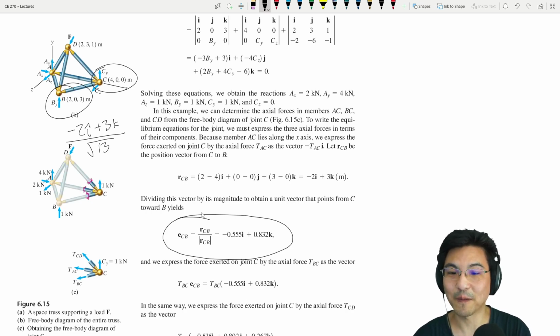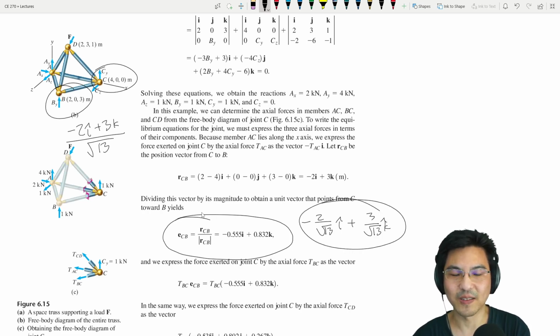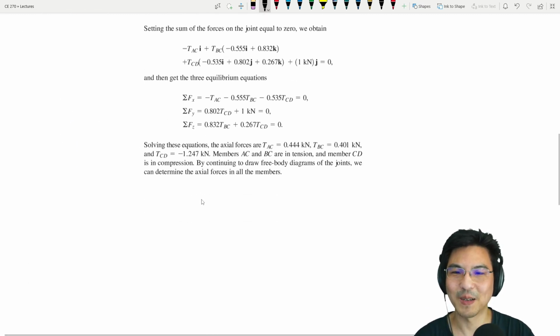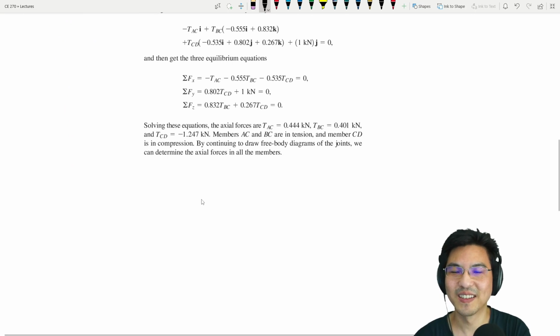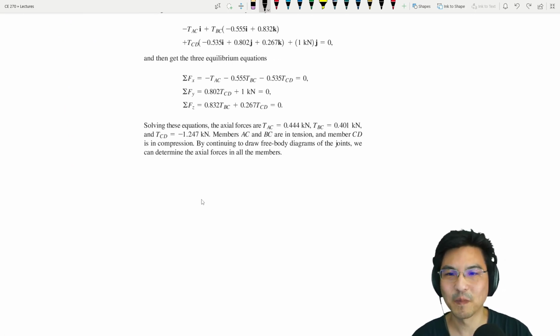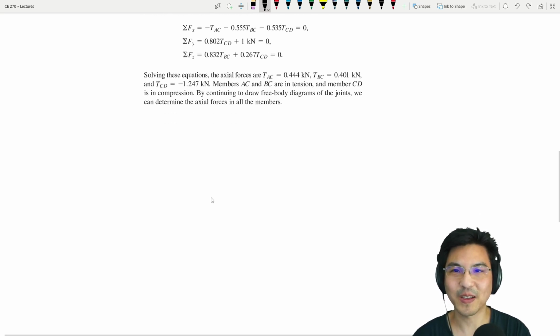So I would have left this as minus 2 over root 13 i plus 3 over root 13 k, and then plug that into the computer instead of already having this round-off error. But for the sake of time, I'm just going to use this and just focus on how to get it into the computer. And how do we do that?